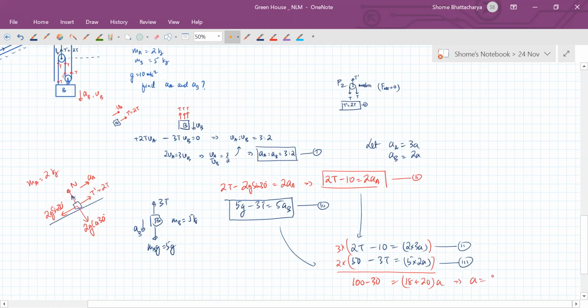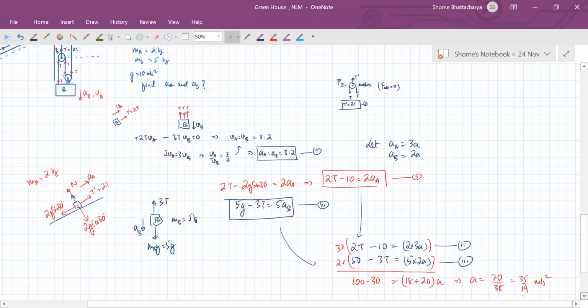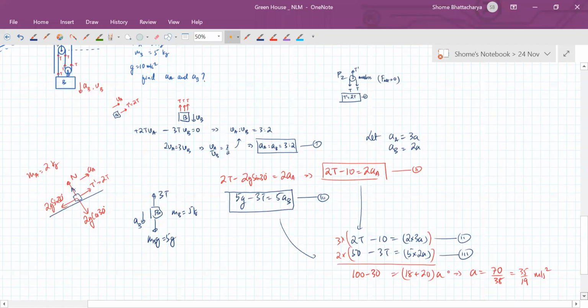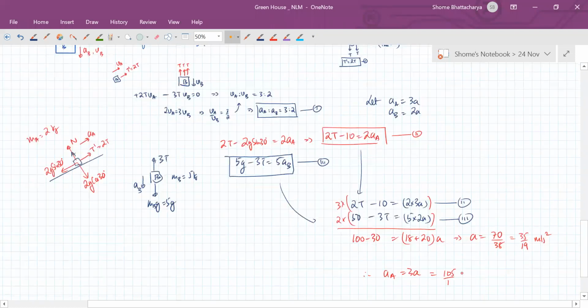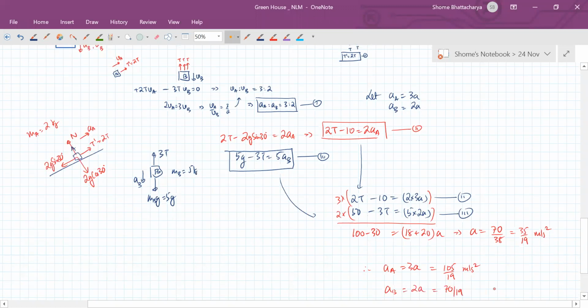So our acceleration will come out to be 70 upon 38, or 35 by 19 meters per second square, which means that the acceleration of A is 3a. So that is 105 by 19 meters per second square. And the acceleration of B is 2a. So that is 70 by 19 meters per second square. B is accelerating downwards, A is accelerating up the incline.